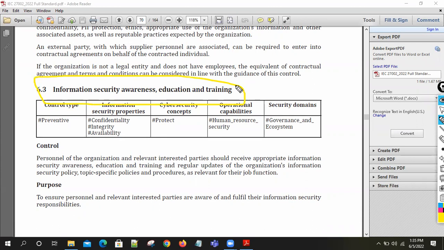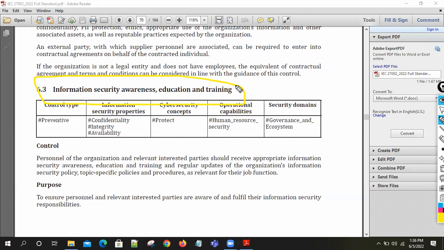When a person joins the organization, if you have not given proper training to him on what he needs to do in terms of information security, what the do's and don'ts are, what he can do, what he is not allowed to do, what their roles and responsibilities are, what would be the wrong thing, what to do when an incident happens within the organization, what is personally identifiable information, what is information security, what is cyber security, what controls are there, what they need to browse, and that they should not browse using the Chrome browser or any browsers.